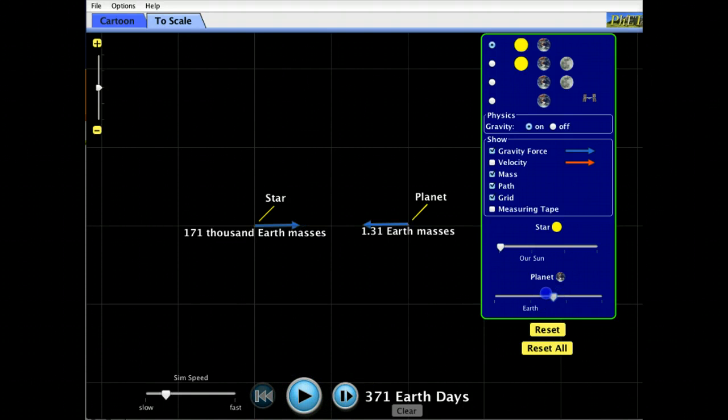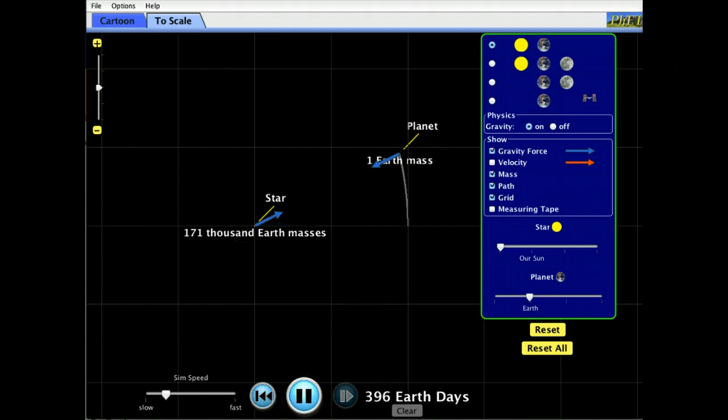Let me bring the Earth back to its regular size, because we only want one variable. And now we've made the sun smaller. Let's see what happens. Uh-oh. Notice how much smaller that arrow is, and it's getting smaller and smaller and smaller. What does that tell us?